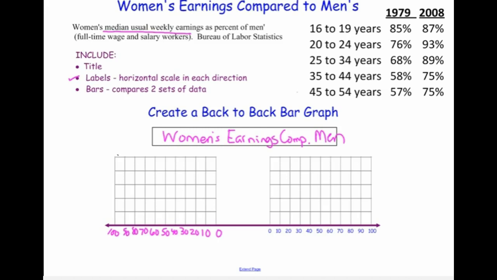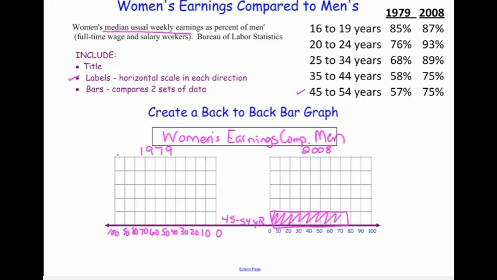For my first level, maybe I'll put the 45 to 54-year-olds on that bottom level. In 1979, I think I'll make my left side the 1979 side and the right side my 2008 side. In 2008 it was 75.